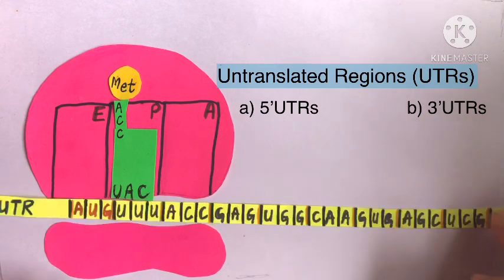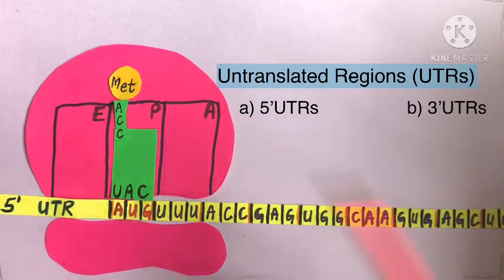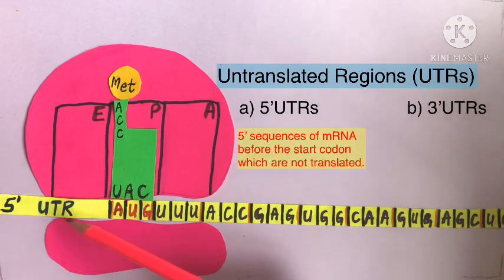So what are these UTR sequences at the 5' and 3' end? 5' UTR refers to the 5' sequences in the mRNA before the start codon. We know that translation starts from the start codon. So the sequences before the start codon are not translated. Hence they are called the 5' untranslated region, or simply 5' UTR.